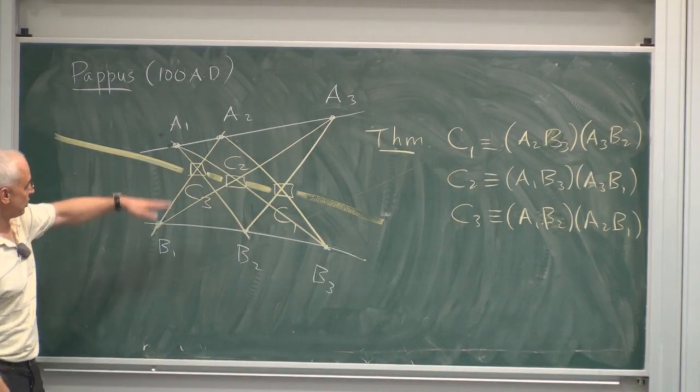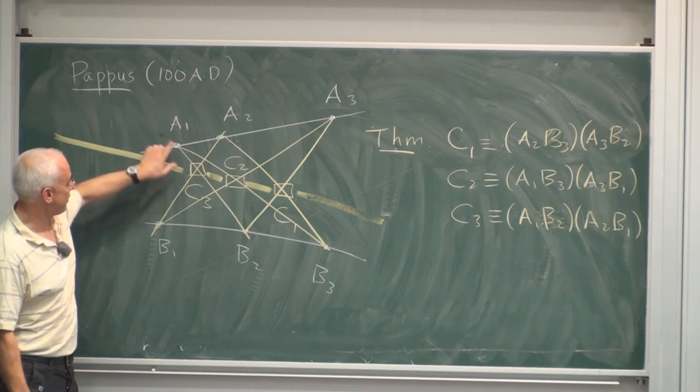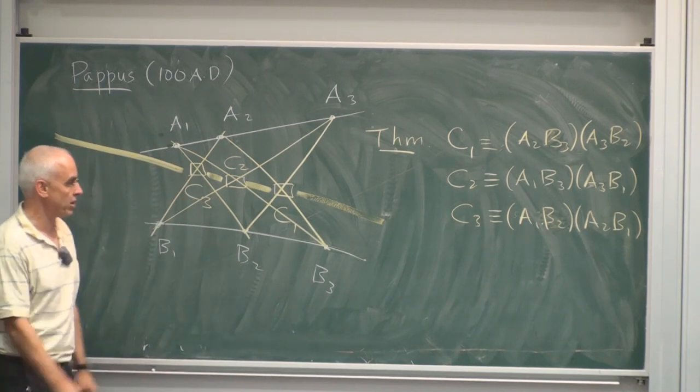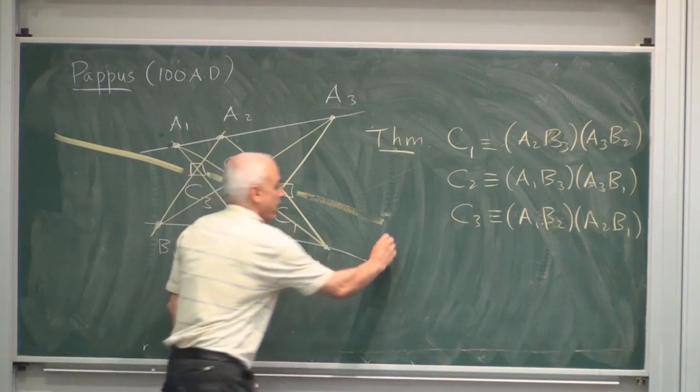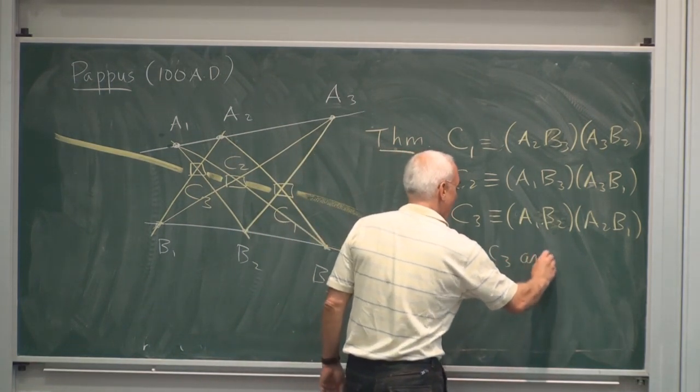This is my terminology for a line. So this is the line A2, B1. And the meet of these two lines, or their intersection, I just get by putting them together. Then the theorem is that C1, C2, C3 are collinear.